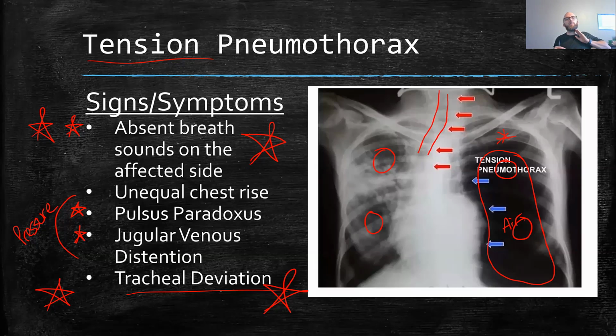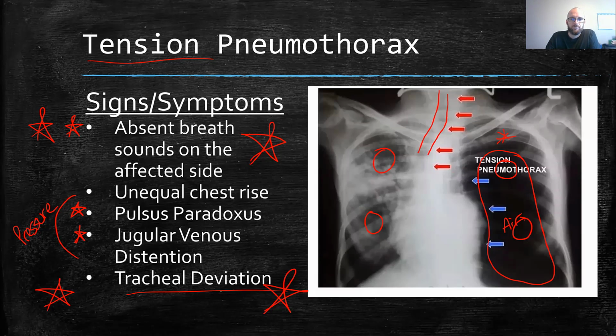So if you see the trachea pushed off to the side, you've got a tension pneumo on this side. If you see the trachea deviated off to that side, you've got a tension pneumo on that side and it's pushing it. Right? So it's absent breath sounds on the affected side, tracheal deviation away from the affected side because the affected side is pushing the anatomy out of the way.